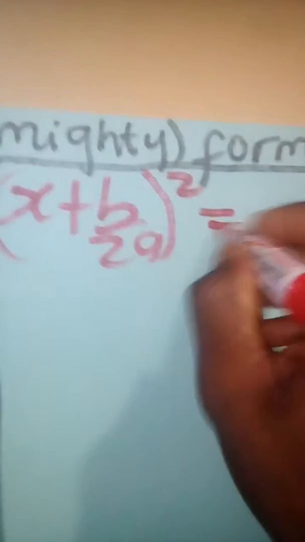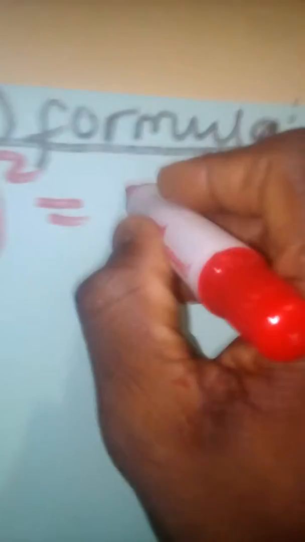Okay, moving on. I'm going to rearrange this first. It gives me x plus b over 2a all square equal to b square minus 4ac over 4a square.